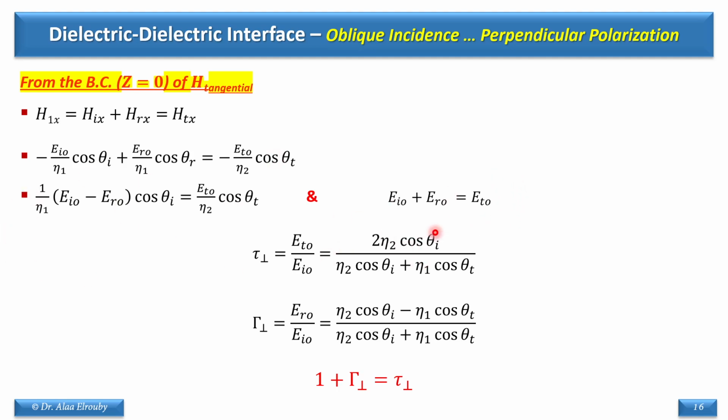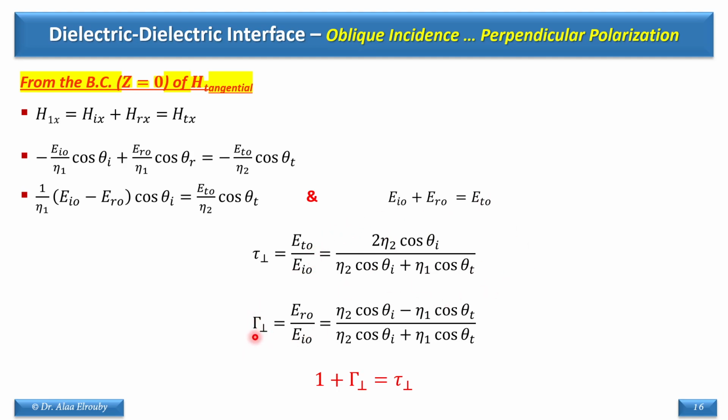Solving those two equations together, there are only two unknowns, E reflected and E transmitted. Solving them, we have tau, and the perpendicular sign means it's perpendicular polarization. Tau, the transmission coefficient, equals E transmitted divided by E incident, and we have this expression.